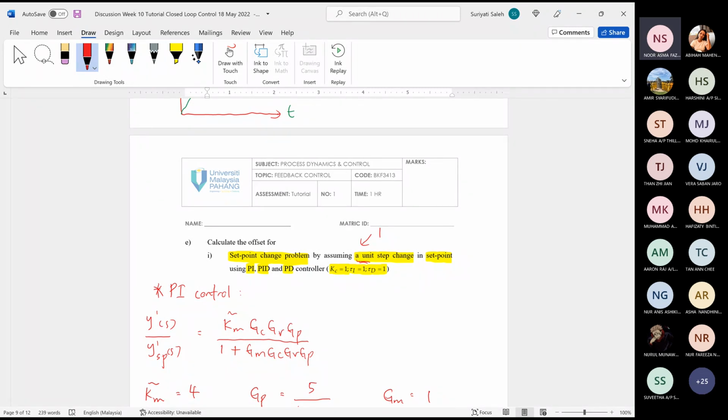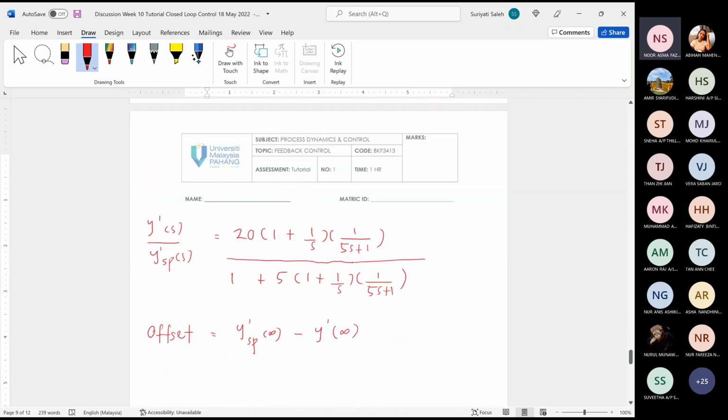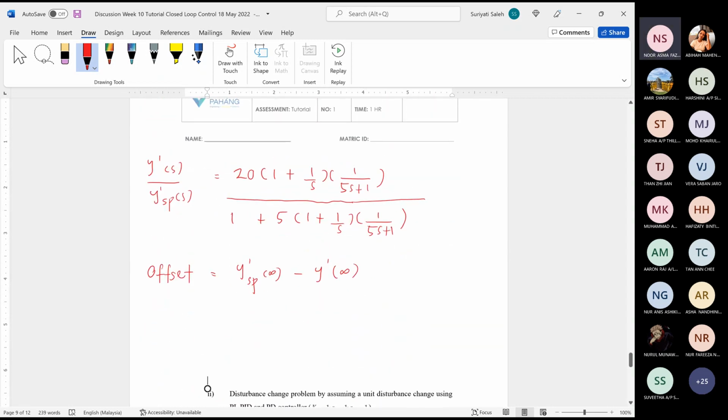Let's say the information is not given, then you can make an assumption. Of course, the simple assumption is to assume magnitude equal to 1. That is the common understanding. So in this case, a unit step change in set point has been used, so that means y prime SP equal to 1.